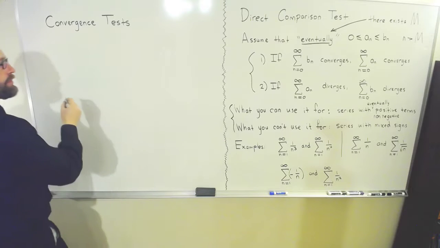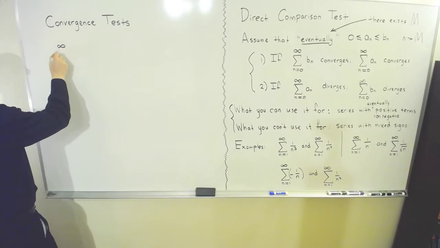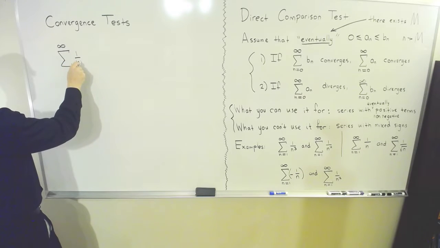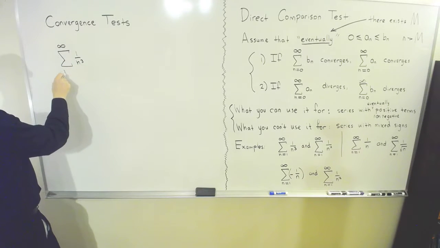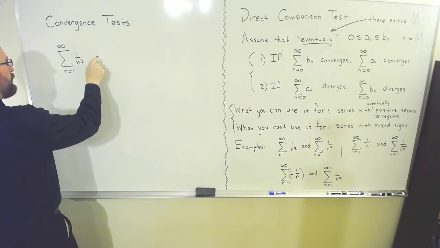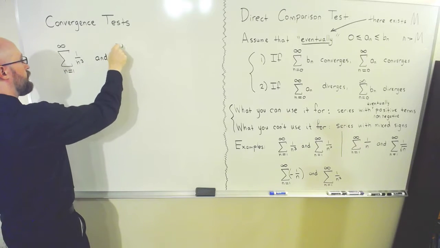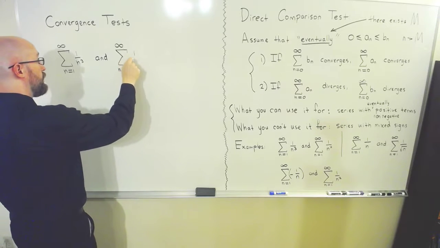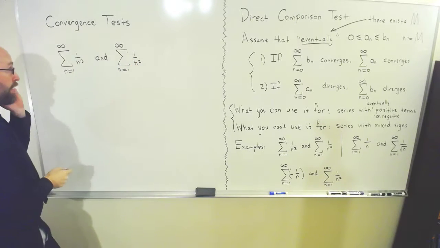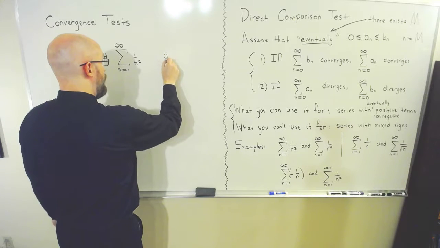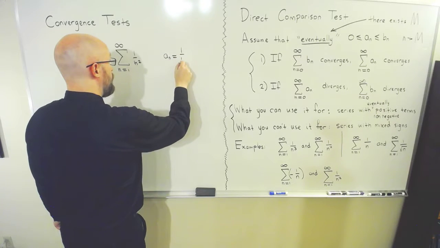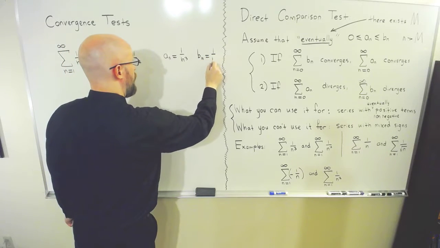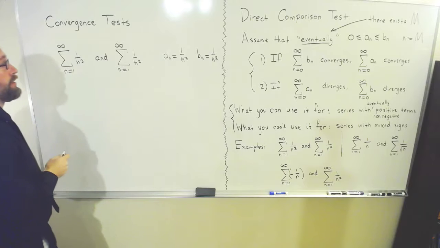So the first example I have involves 1 over n cubed and 1 over n squared. So here I have an is 1 over n cubed, bn is 1 over n squared.